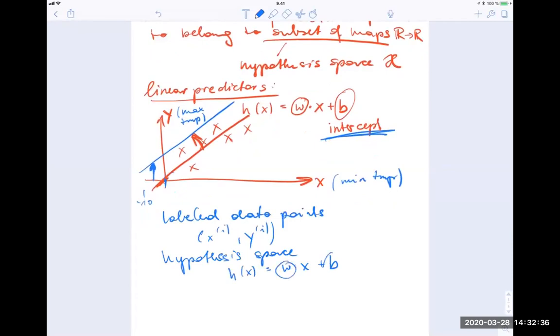So these are the tuning parameters. So this we can tune. The weight, which is the slope of the linear function, and the bias, which is the offset.